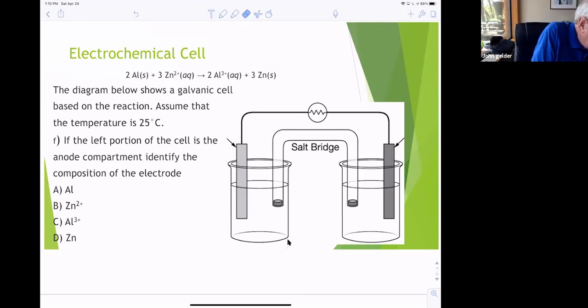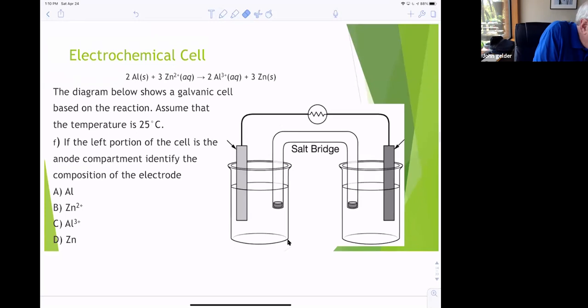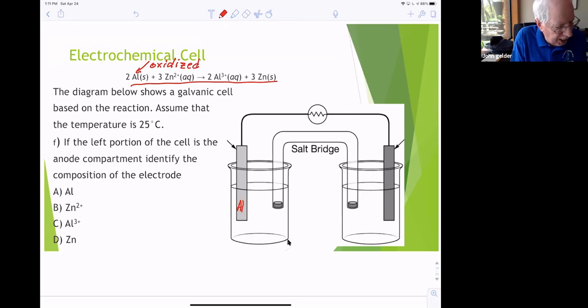So in our oxidation reduction reaction, which is written at the top, we recognize that aluminum was being oxidized. And so we need to remember that oxidation always occurs at the anode.